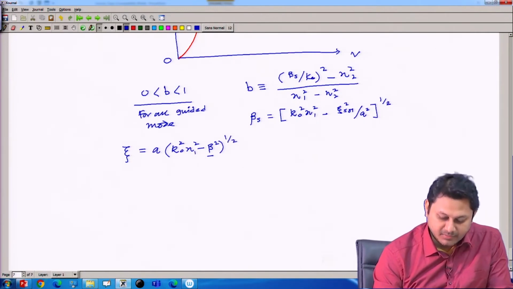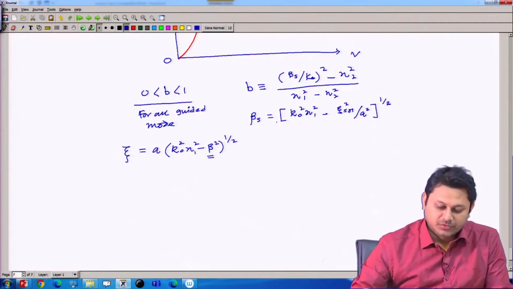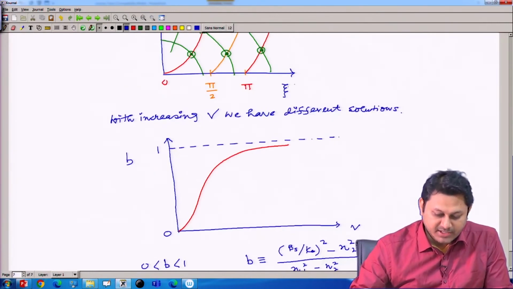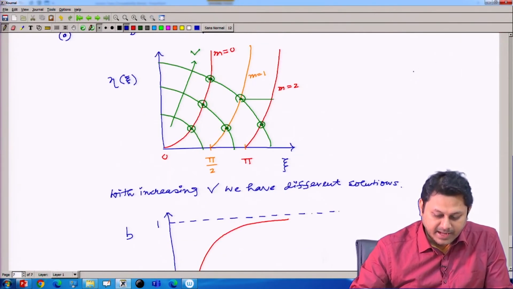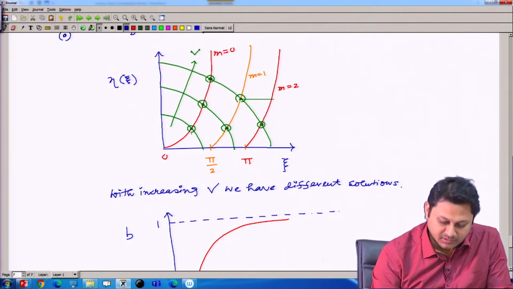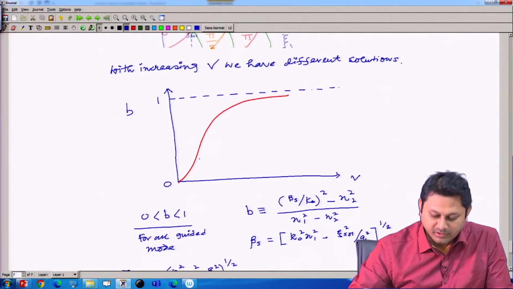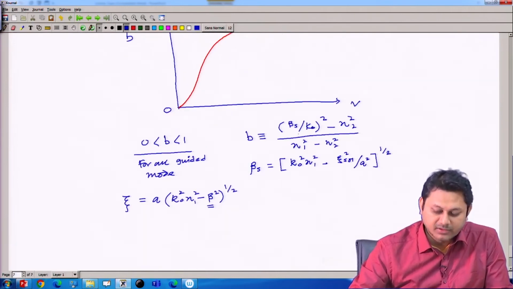So if I extract the beta out of this solution, it will be like this. So, every time if I change the value of V and I capture the solutions, these are the xi solutions. From xi solutions I know what is the value of beta.